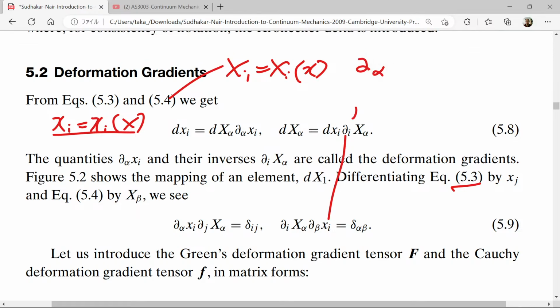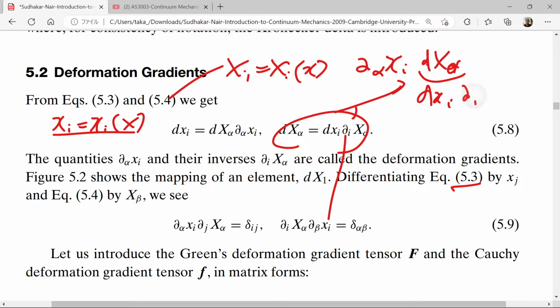Partial alpha xi, dxi, dx alpha. We place here, maybe we place here this one, dxi, partial i x alpha.